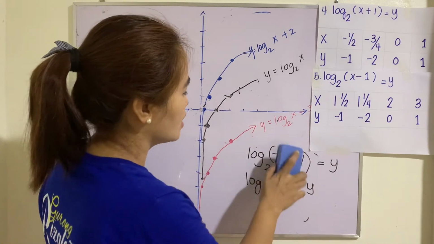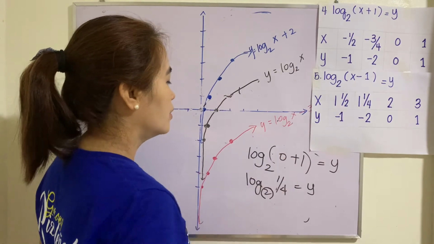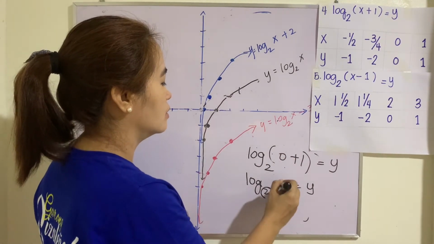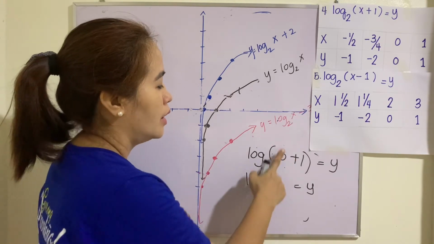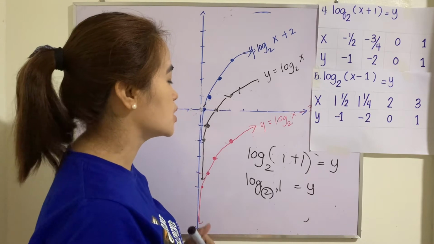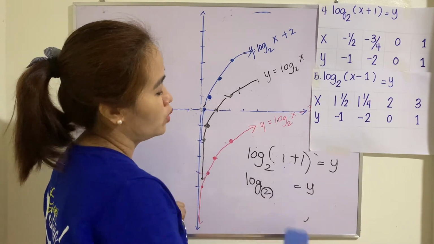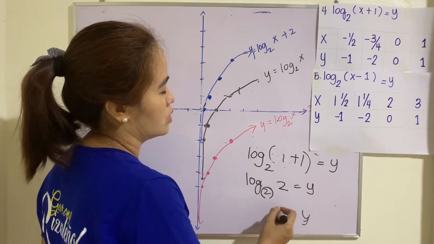If x is replaced by 0, this one is equal to 1. Okay, think of an exponent of 2 that is equal to 1, that is 0. And of course, if I will replace it by 1, that is 1 plus 1 equals 2. Think of an exponent of 2 that is equal to 2. Of course, that is equal to 1.